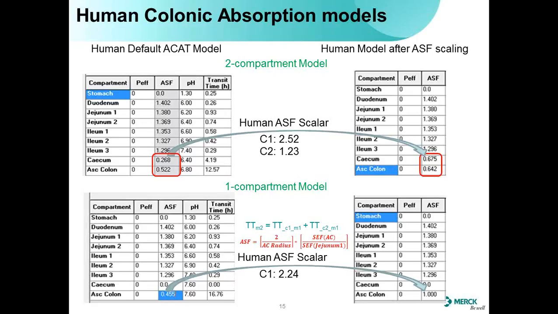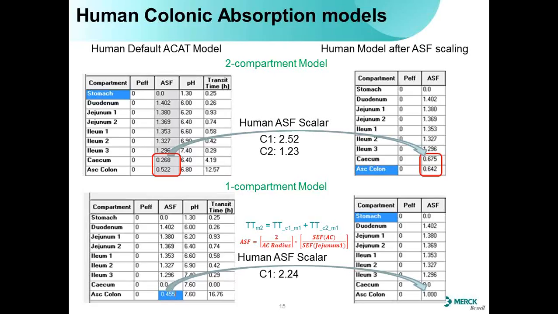Prior to that, similar to the dog model, the two compartment model is the default human theoretical SAV model in GastroPlus, while in the one compartment model, the transit time were added by the cecum and colon transit time together in the default settings of the two compartment model.